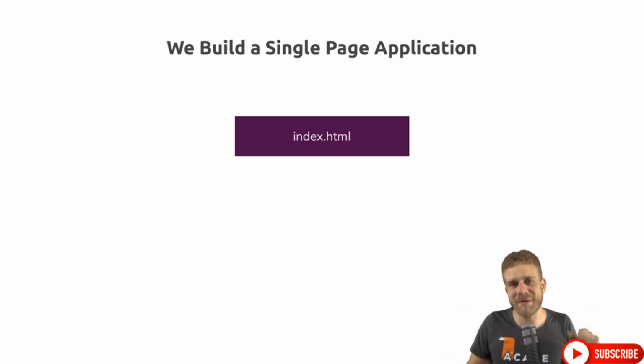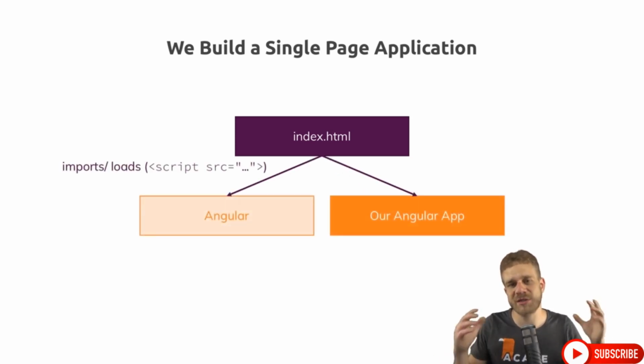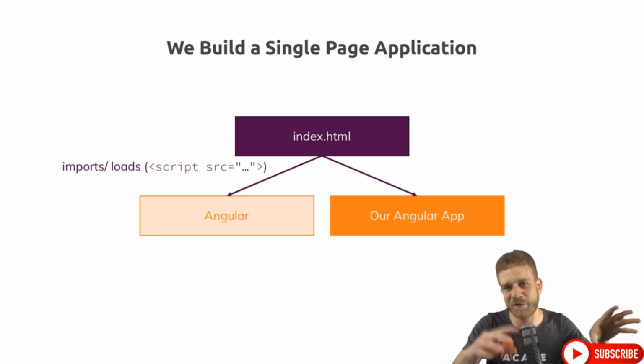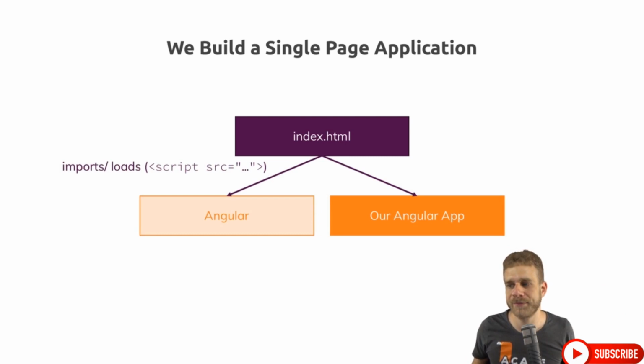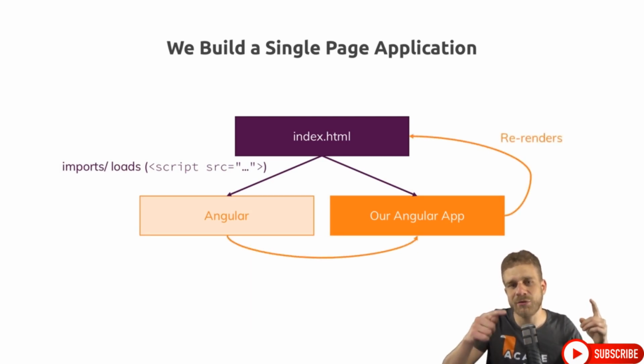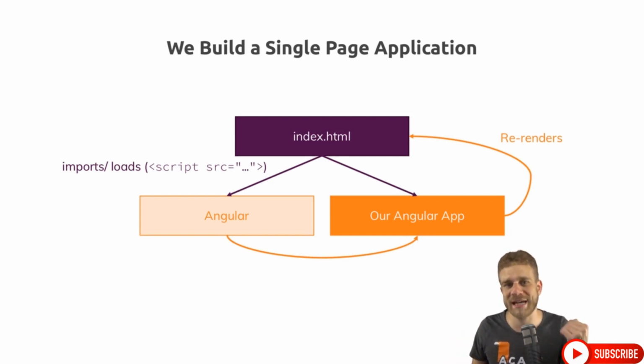And this HTML page basically includes some script imports that houses our Angular app, so the Angular framework and our own code. And we use that application to dynamically re-render what the user sees without ever requesting a second page to be rendered by the server.